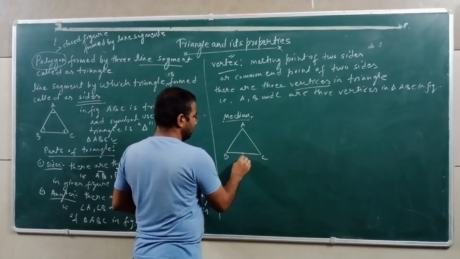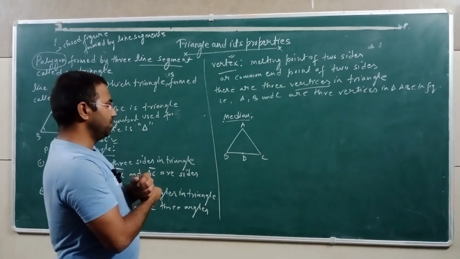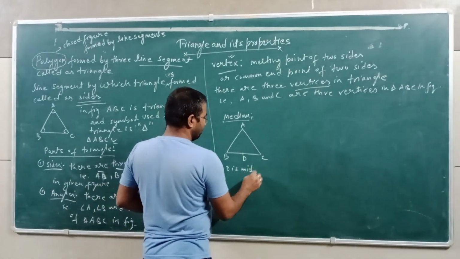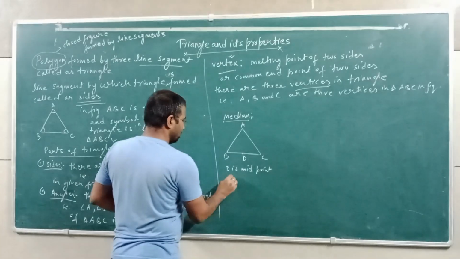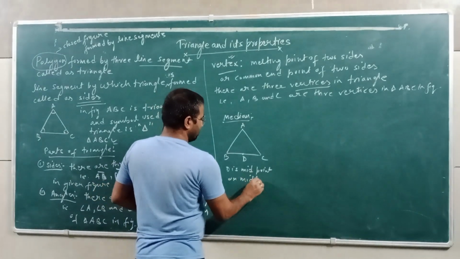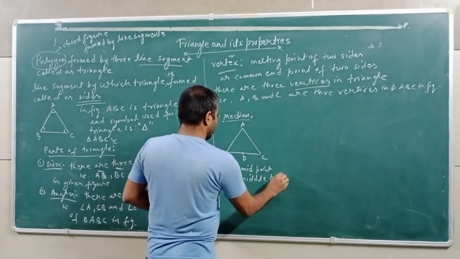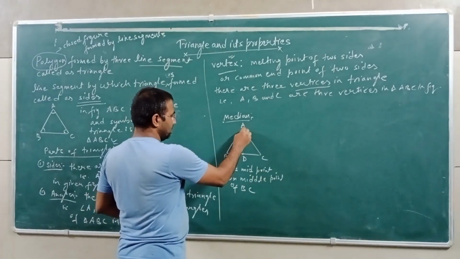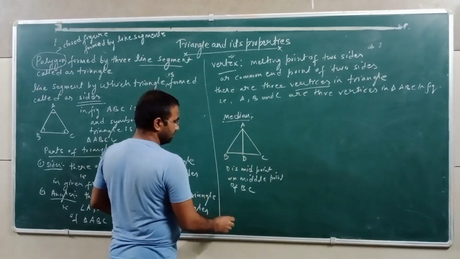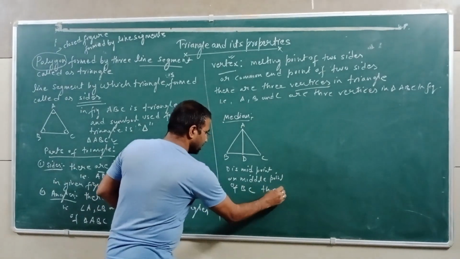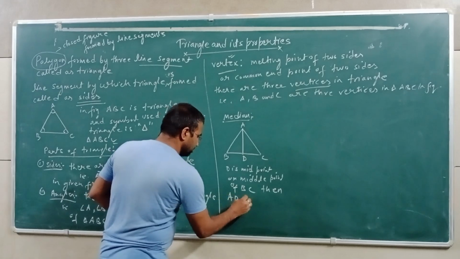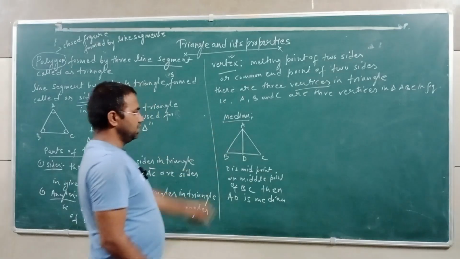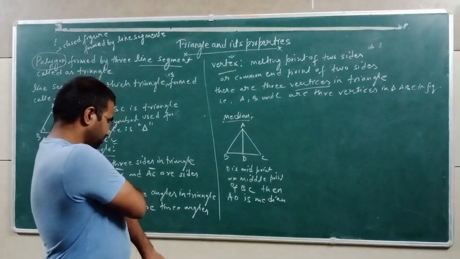If you take D as the midpoint of BC, midpoint means D is the middle point of BC, then if you join AD, AD will be called a median.